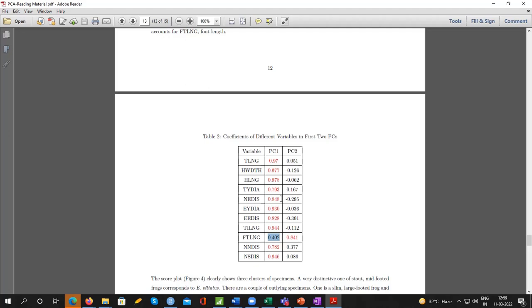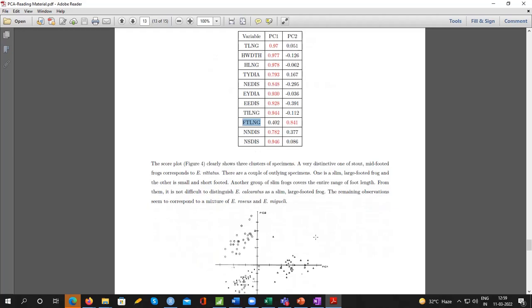You don't get just one or two variables as important. You get almost all the variables as having equal importance. Okay, so these are coefficients of the PCs, and you can see that in second PC the highest coefficient is for foot length.